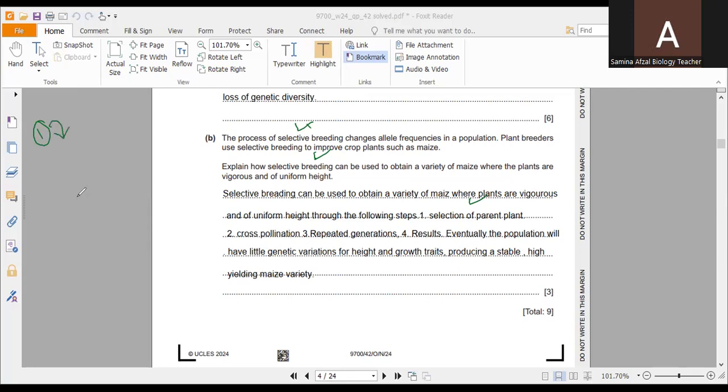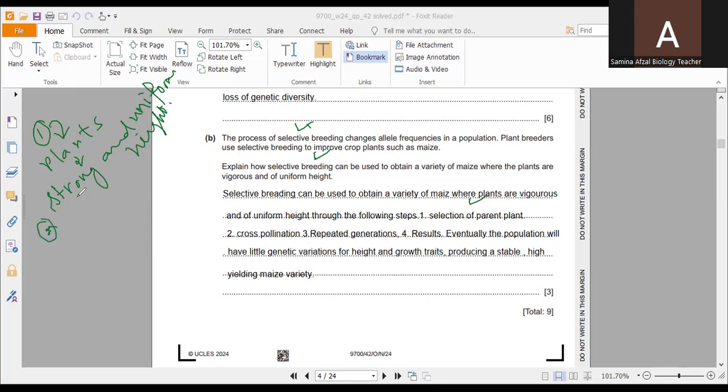They need the required plants to have these traits: strong growth and uniform height. So this is the very first step, that they will choose the parent plants.